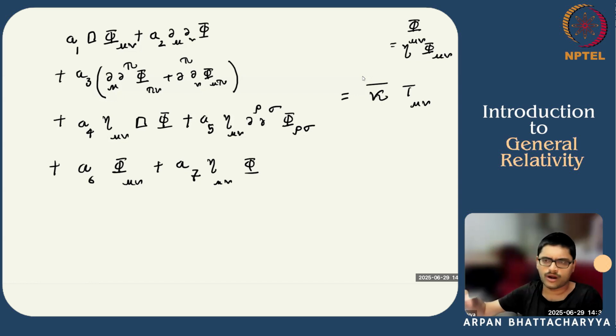You can raise and lower them by the metric tensor, but for convenience we have put the free indices downstairs. Okay. Now we have A2 to A7, these coefficients, and kappa bar, as coefficients we have to determine. Again, we will impose some physical conditions. Actually, we will mimic the steps that we have done for electrodynamics. And let's see whether we can fix these coefficients and what is the resulting equation.